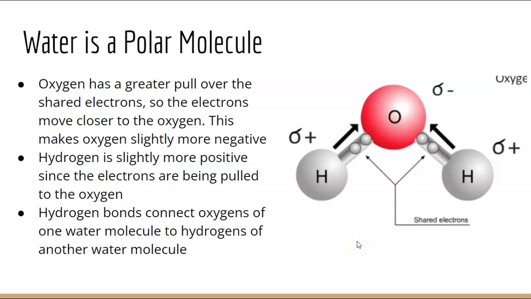The bonds that connect the oxygen and the hydrogens are hydrogen bonds. The hydrogen bonds are what connects this water molecule to a second water molecule. The bonds right here that connect the oxygen to the hydrogen are called covalent bonds. So the hydrogen bonds that connect this entire water molecule to a second water molecule are relatively weak in comparison.